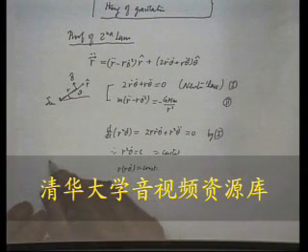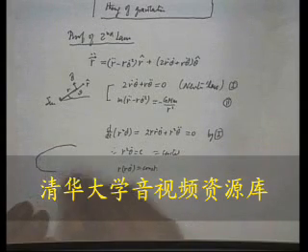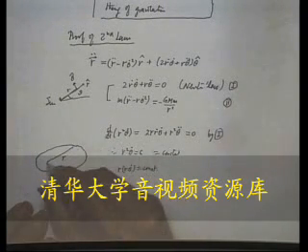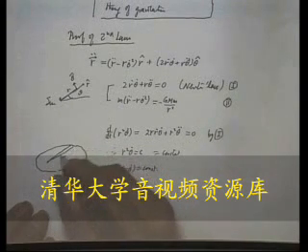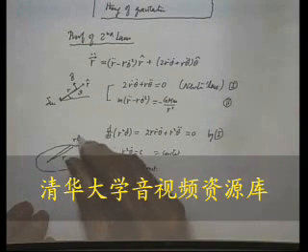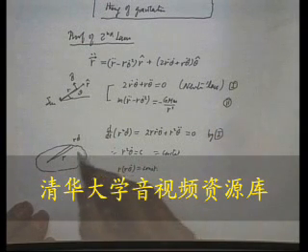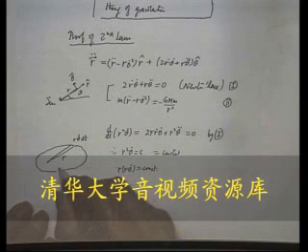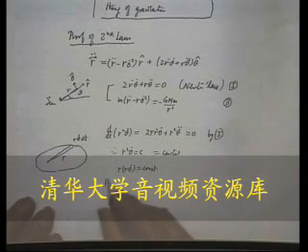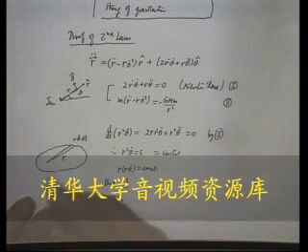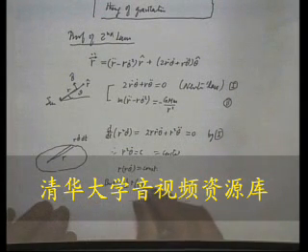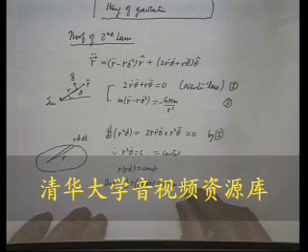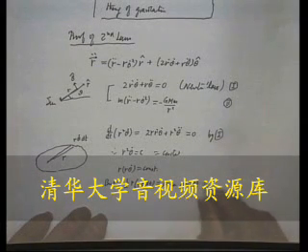Now, this is r. This arc is r theta dot dt, this is the angle. Therefore, 1/2 of r times r theta dot dt is equal to the area swept in dt.